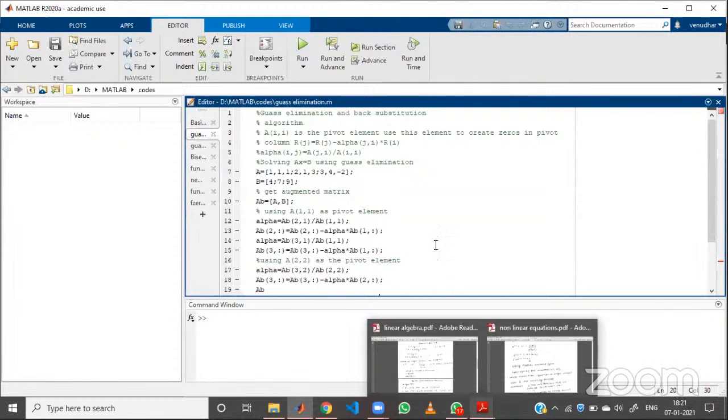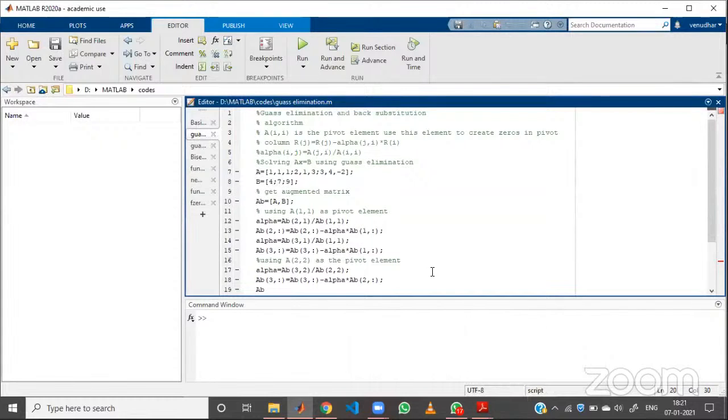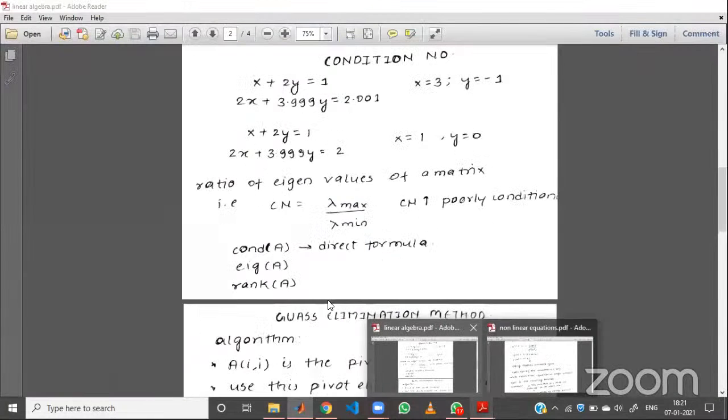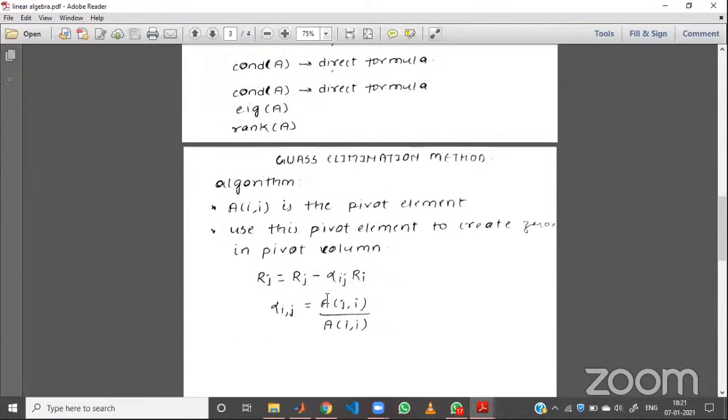Before starting, I will briefly explain how the Gauss elimination method actually works. What is the algorithm? Let's suppose the matrix is n by n. We use only square matrices for Gauss elimination.